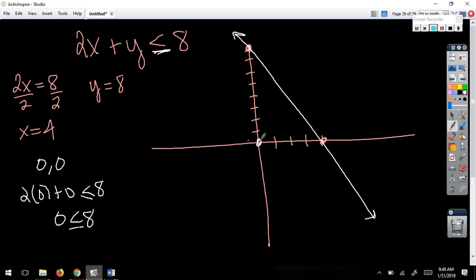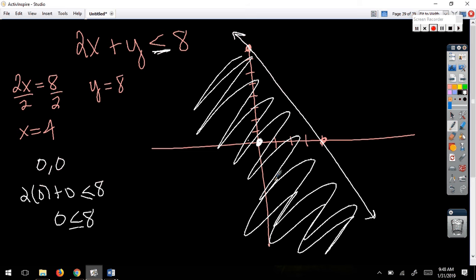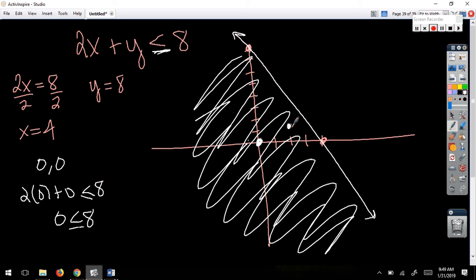Yes. Because it's true here, that's the side I shade. If it's true, you shade there. If it's false, you shade the other side. You can pick any point, like 2, 1. It doesn't matter, because every point where it's shaded will make that inequality true.